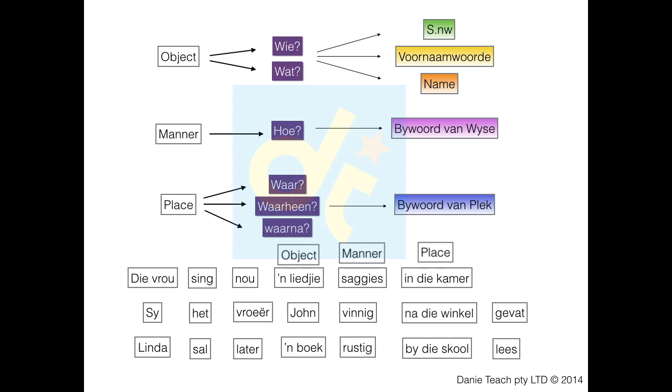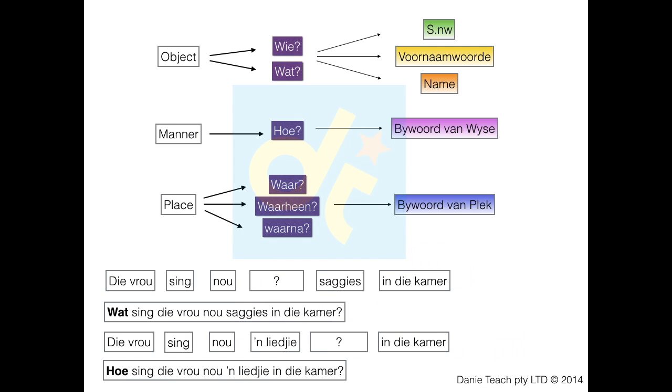Another indication is the fact that 'n liedjie has an article in front of it, and we know from previous lessons that a noun always has either 'n or die in front of it, which indicates that that's a noun. And again, if you look at object and the question words, what are we looking for? We're looking for nouns or names or pronouns. So your answer there to wat sing die vrou nou saggies in die kamer? is 'n liedjie.